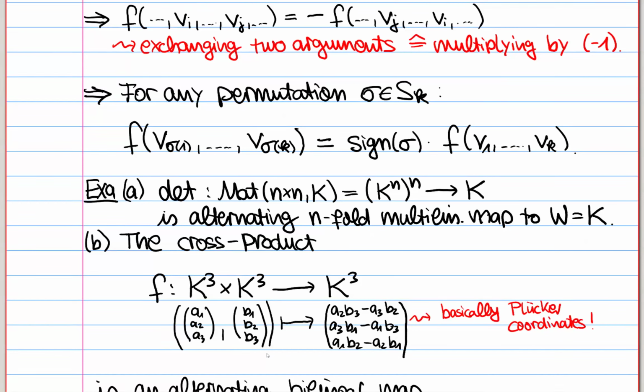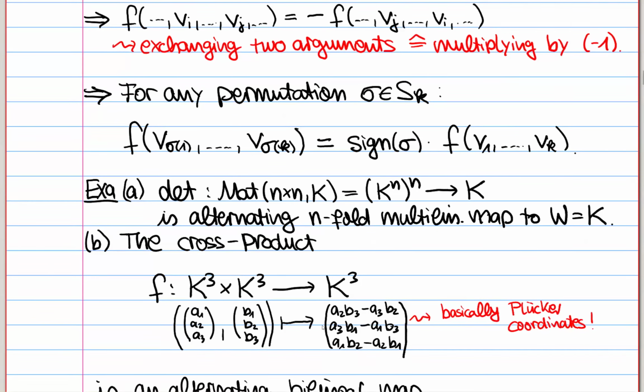And we see here, first of all, you can check this is multilinear. So if you add the second vector a1 prime and so on here, this would go to the sum of the cross products. And it's also alternating. If you put in two times the same vector, you can check by hand that you get the 0 vector here.